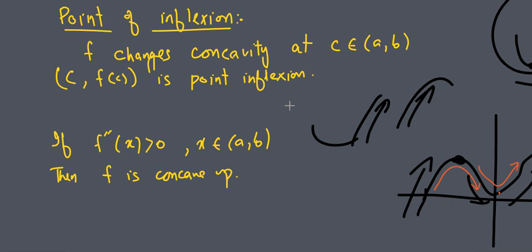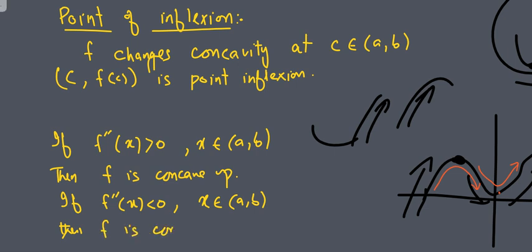Similarly we can write it for concave down. If f double prime of x is less than 0 for all x belonging to (a, b), then we will say f is concave down. Okay, is it clear?